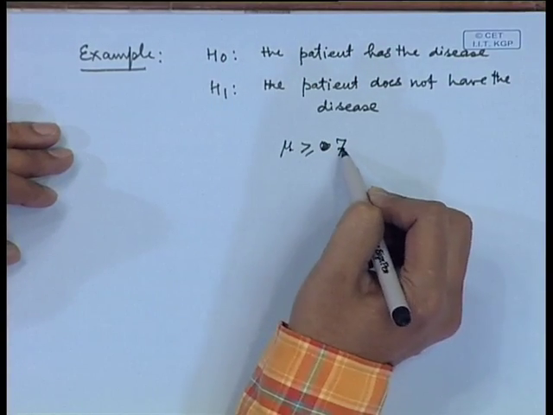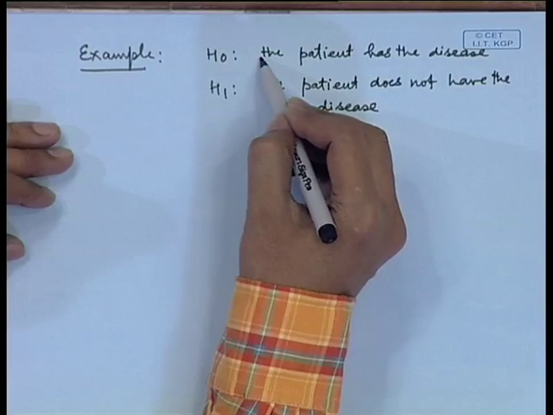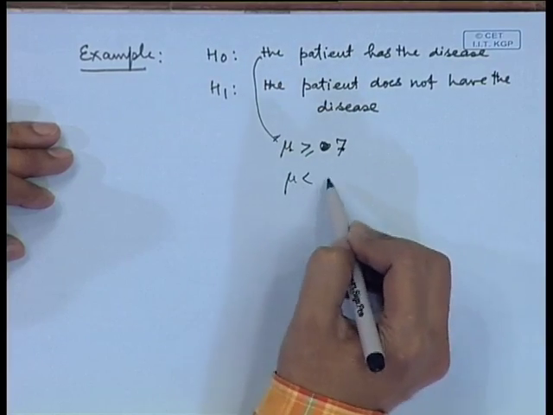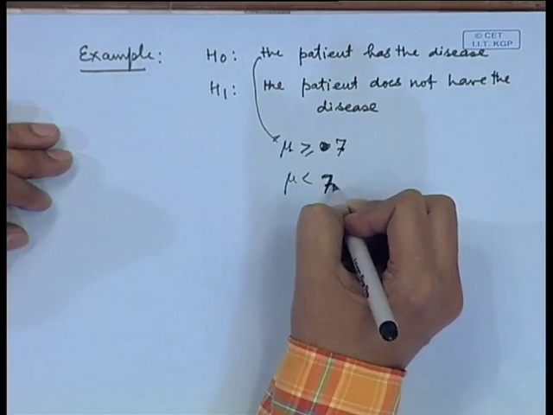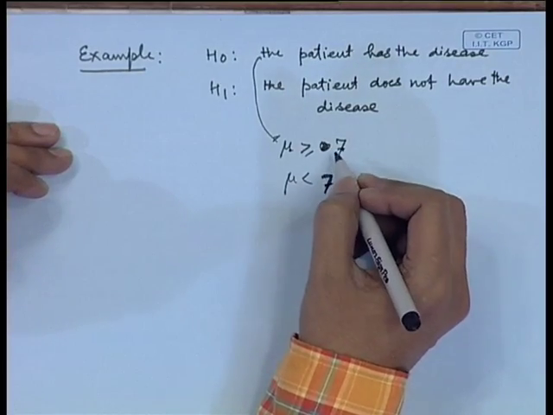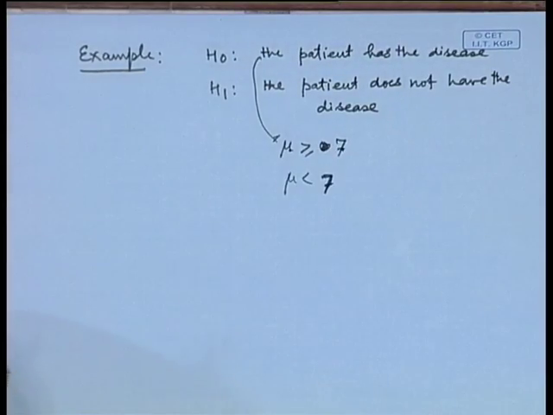So, if mu is greater than or equal to 7, then we say that the patient has the disease. If mu is less than 7, we will say that the patient does not have the disease. These are the likely scenarios that the doctor may be confronted with, and the decision is based on a sample which he has taken from the patient.